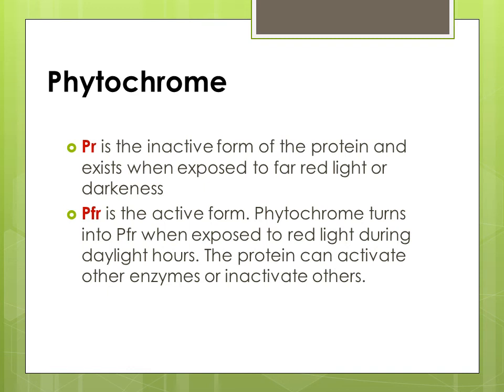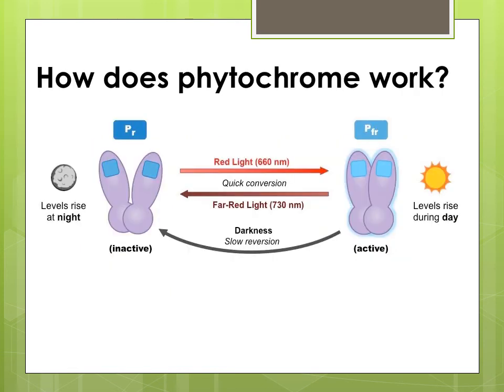Phytochrome far red is the active form, and during normal daylight the phytochrome red will turn into phytochrome far red, and this will then activate this protein, and it will then activate other molecules and other enzymes, and it will also inactivate other things. So how does the phytochrome work?